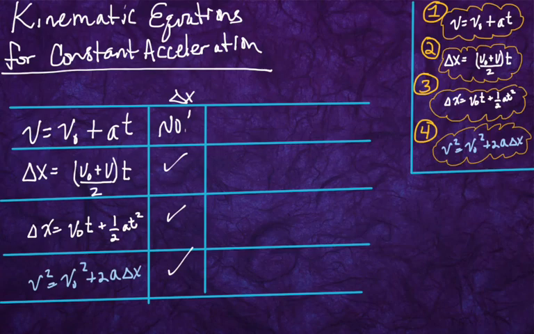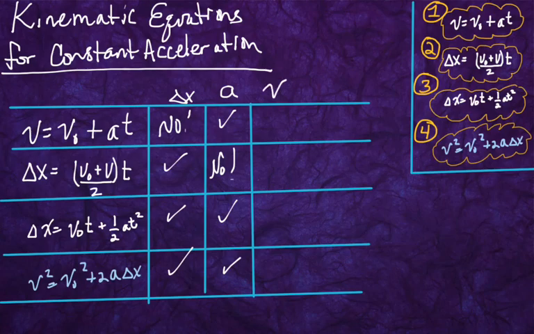So when you are looking at what values you're given or what information you have to do your problem, if you don't have displacement, you're probably going to use the first equation. Okay, acceleration. Does the first one have acceleration? Yep. How about the next one? Nope. How about the next one? Yes. Yep. For the last one? Yeah.